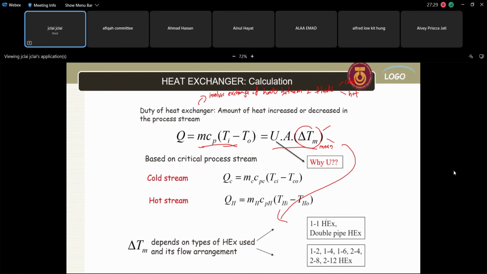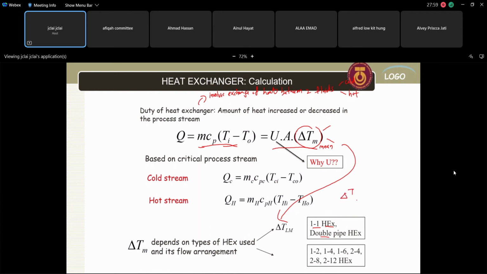So mean temperature difference depends on types of heat exchanger. If it is a 1-1 type heat exchanger or double pipe heat exchanger, 1-1 means it's a one shell pass and one tube pass heat exchanger, right? Double pipe, you know. So if it is a 1-1 type or double pipe heat exchanger, then delta T_m equals delta T log mean. What is delta T log mean?